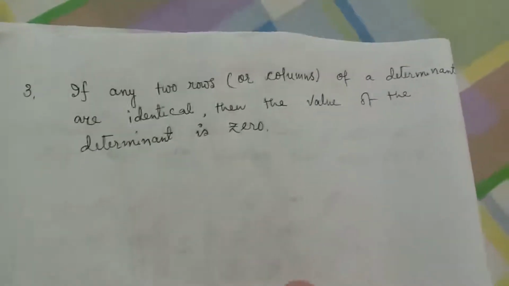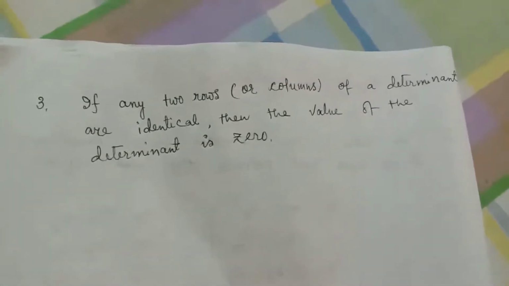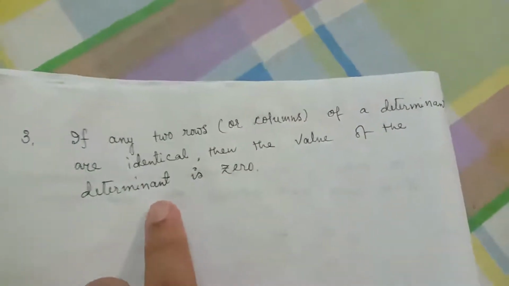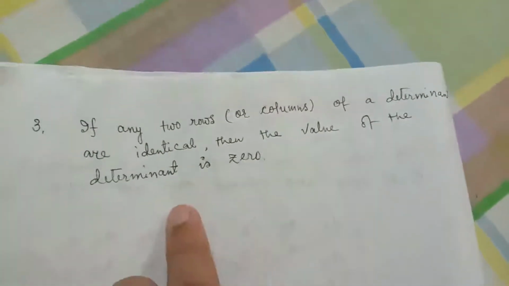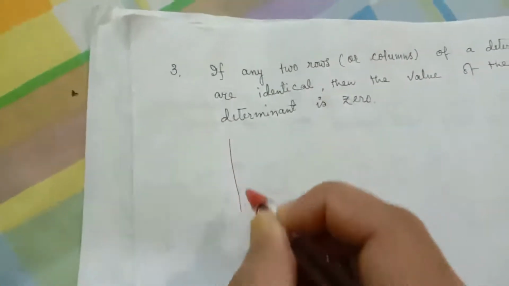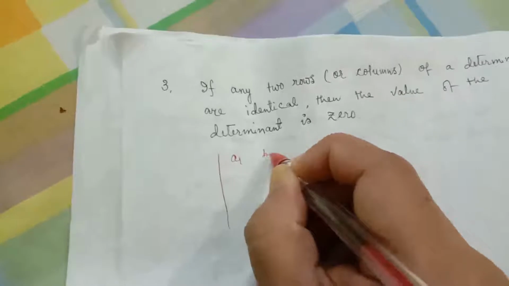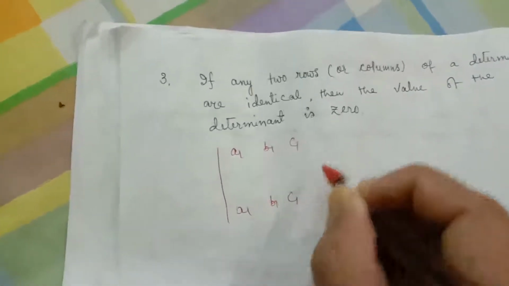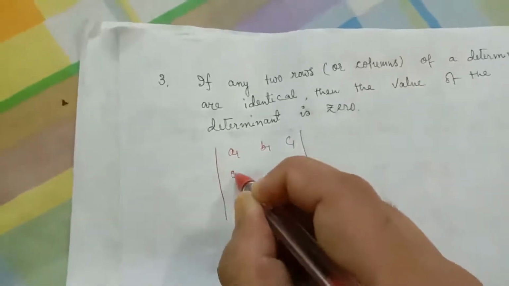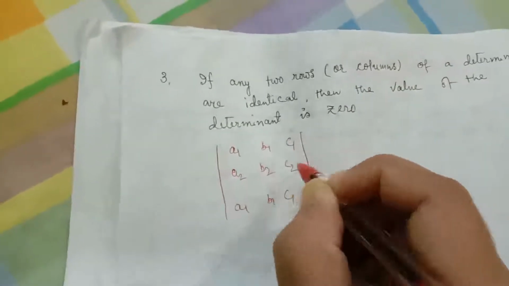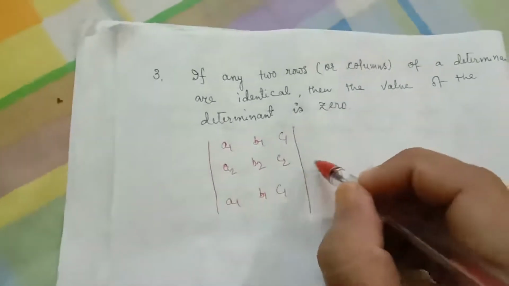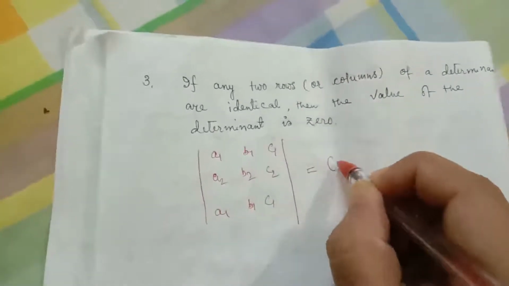Next, property number 3. If any two rows or columns of a determinant are identical, then the value of the determinant is 0. Suppose the first and third rows of a determinant are the same. If any two rows of a determinant are identical, then the value of the determinant will be 0.